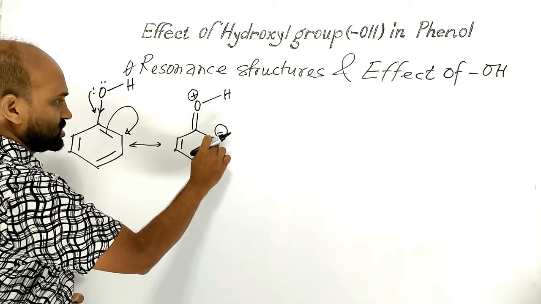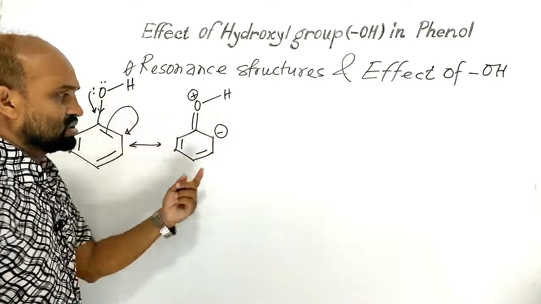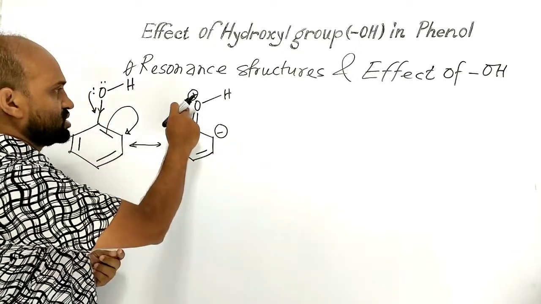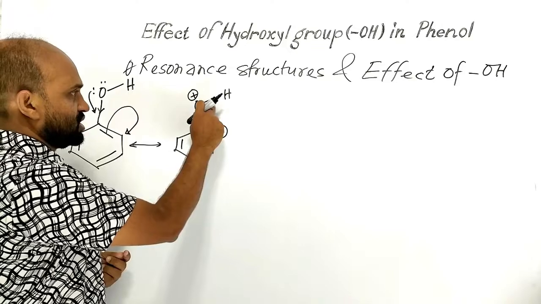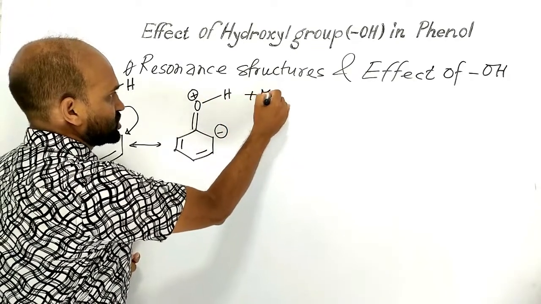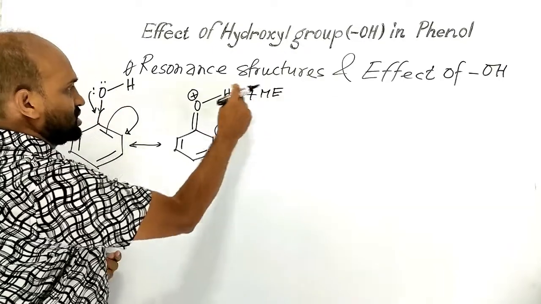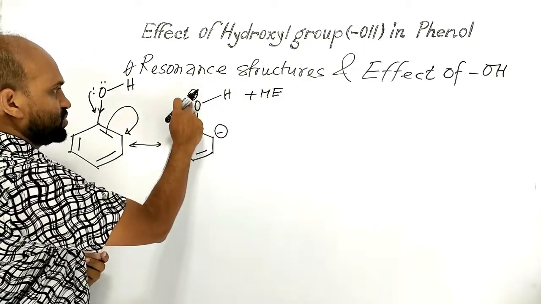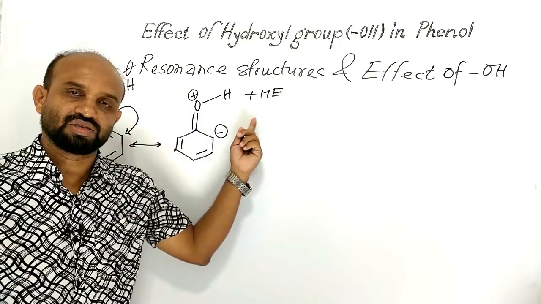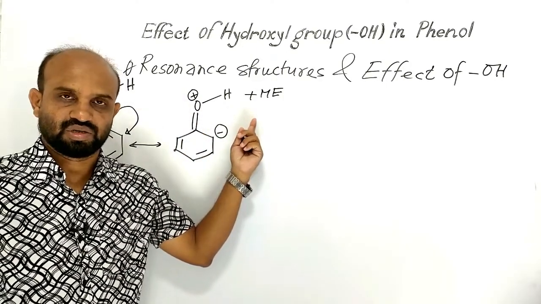So this ortho position gets electronically rich because of the hydroxyl group. Here hydroxyl group shows positive mesomeric effect. Here lone pair of electrons involved. That is why this is mesomeric effect.